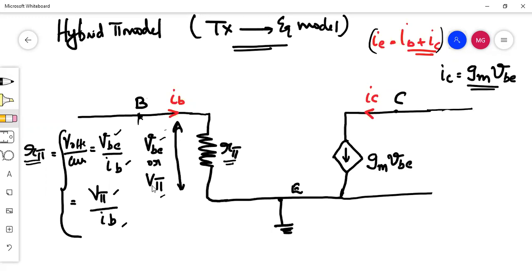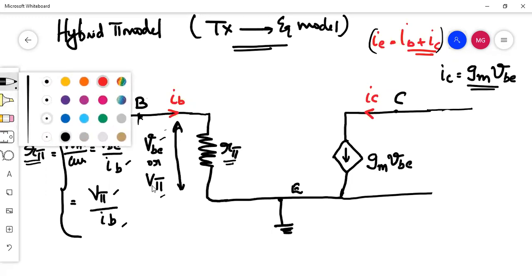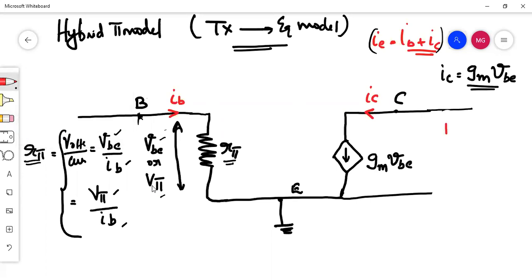Now I will mention one more point, that is the value of beta. We know beta is IC, here small IC, by small IB. So IC equals beta times IB.